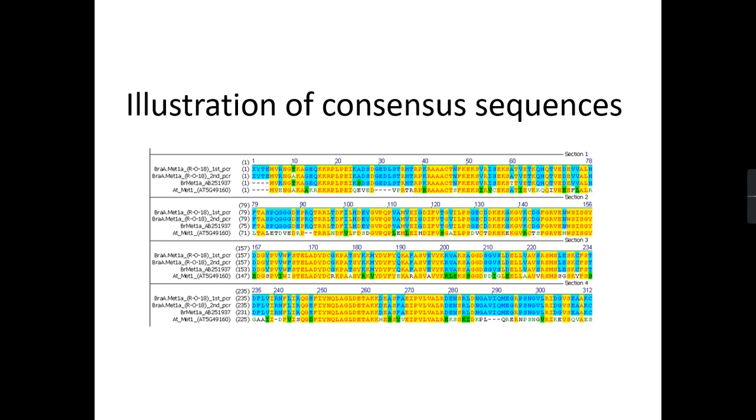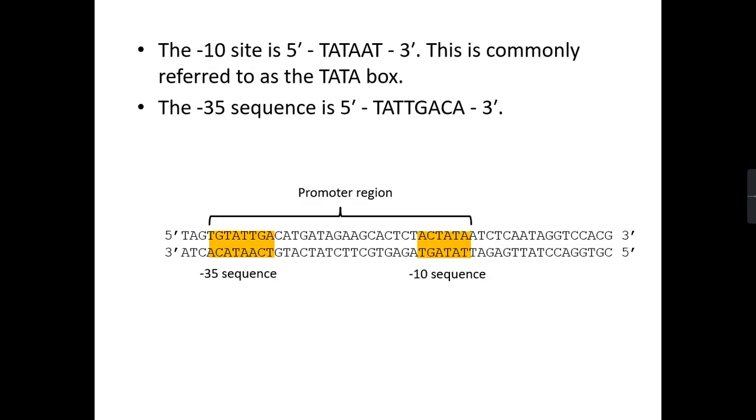So this is the region I'm talking about here. This region is the -10, the TATAAT region, with exclusive TA base pairs. In this region, melting occurs or unwinding begins from that side.